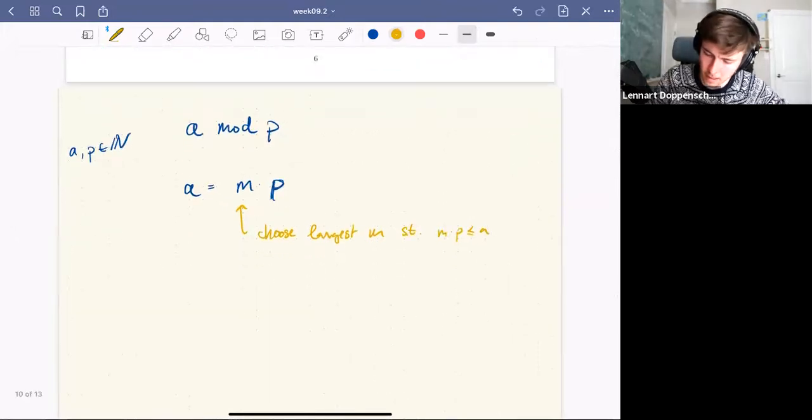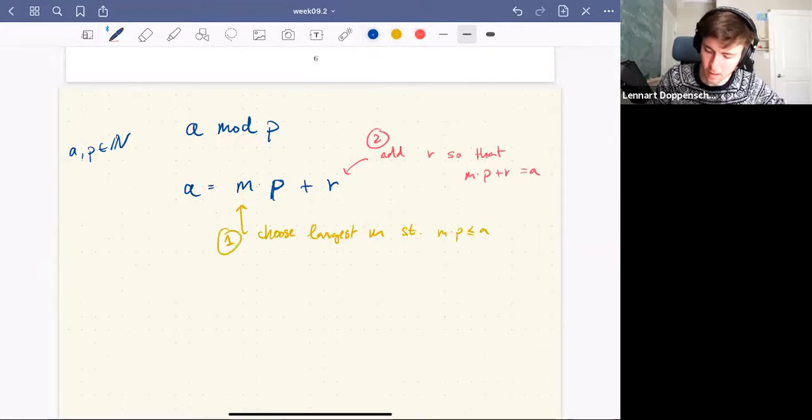That's step 1. The second step is we add r so that m times p plus r is a. So you can always find an m and an r such that this is true. And actually they're unique. So if you have a p and an a, you can always stack up as many p's as you can to just go under a, and then the remainder is r.